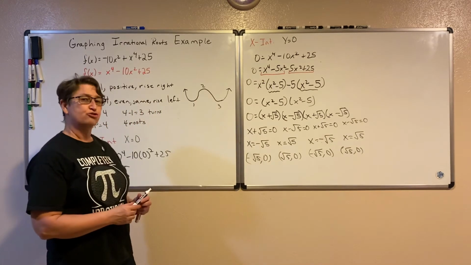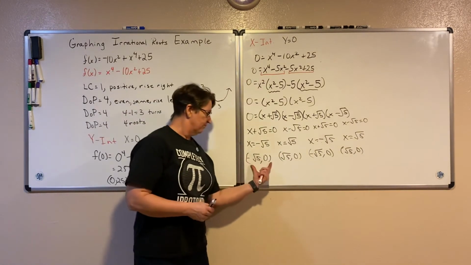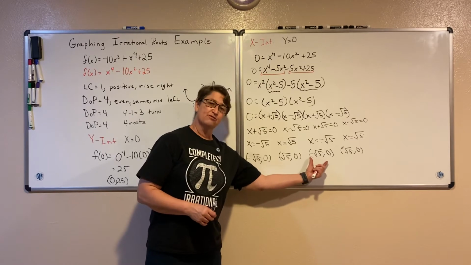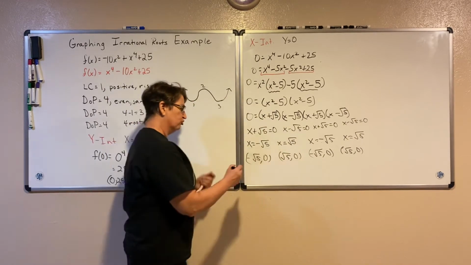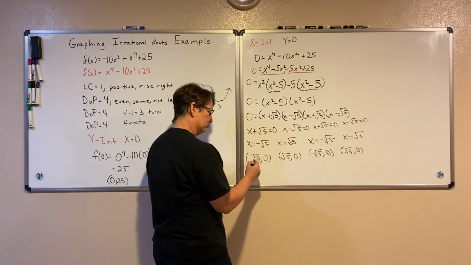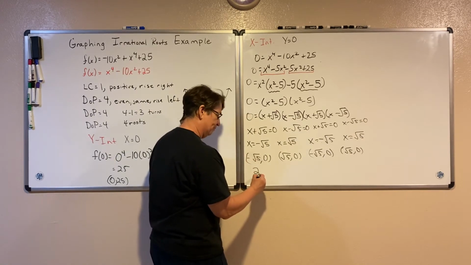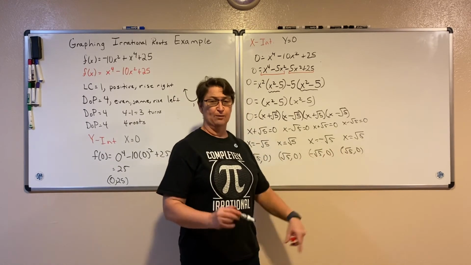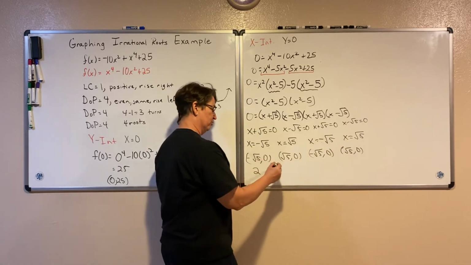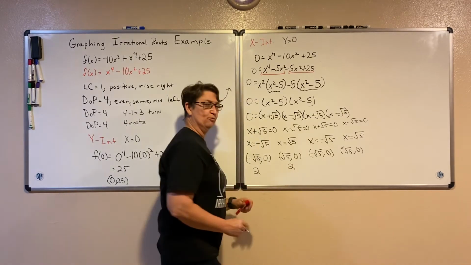Notice the multiplicity of these. The negative square root of 5 shows up 2 times. So the multiplicity of the negative square root of 5 is 2. This square root of 5 also shows up 2 times. So the multiplicity of the square root of 5 is also 2.